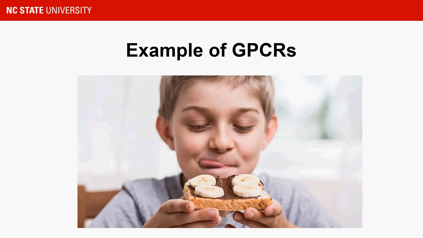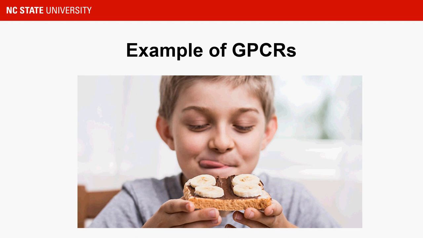You probably will think, GPCR, what is that going to do with me? Actually, GPCR have a lot to do with you. A lot of the receptors on your olfactory neurons, or on your taste bud cells, or on your intestine sensory cells, are all GPCRs.